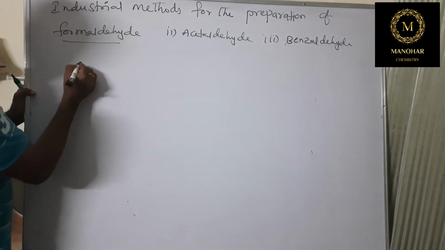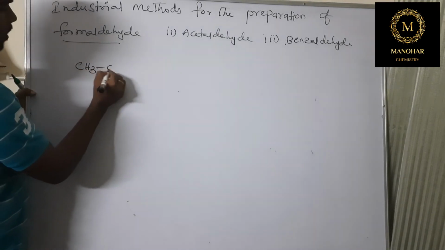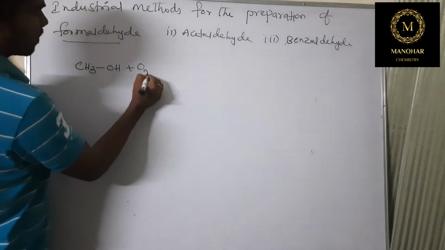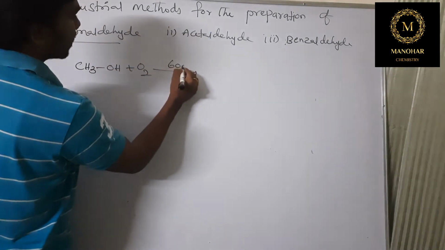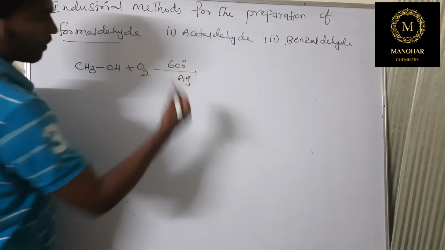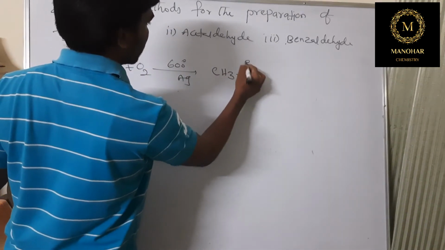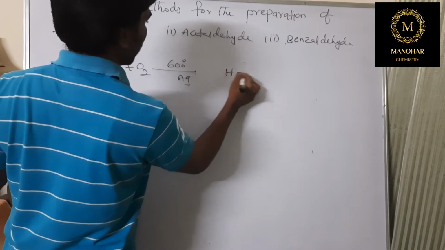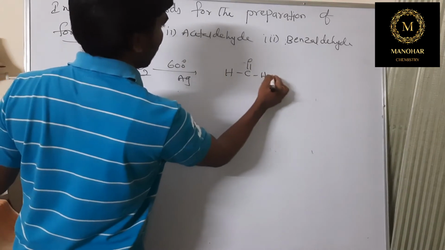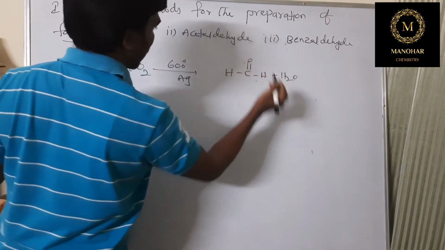To prepare formaldehyde I am taking methanol. This methanol reacts with oxygen at 600 degrees centigrade in presence of silver. It is an oxidation reaction, and it forms HC double bond OH, plus H2O. This is called formaldehyde.